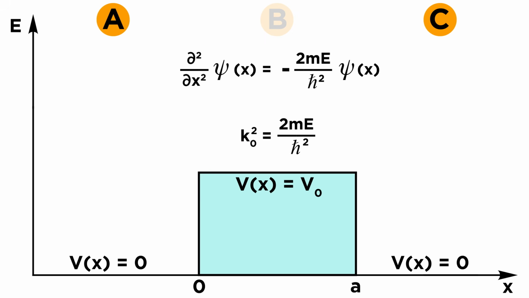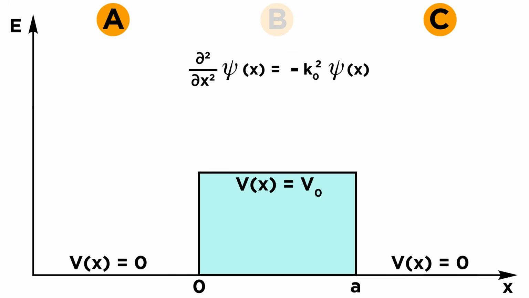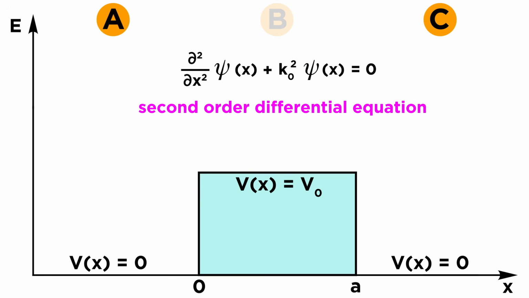This means that k0 squared is 2mE over h bar squared, and we can make the relevant substitution. So the right side of the equation becomes negative k0 squared psi. We can move the k term to the other side, and that leaves us with precisely the same second-order differential equation to solve as with the particle in the box.